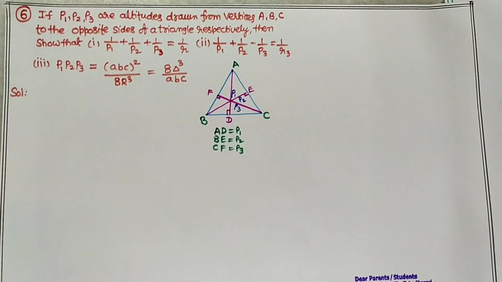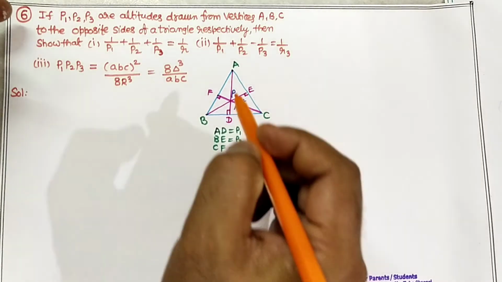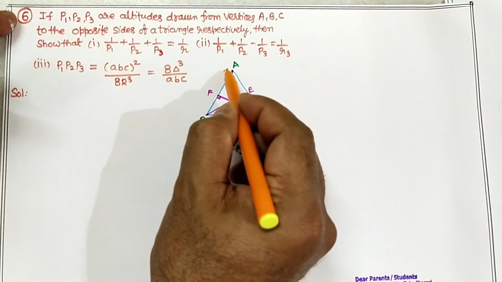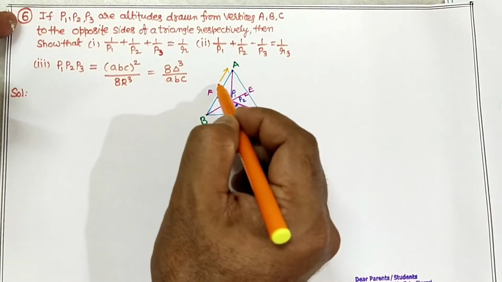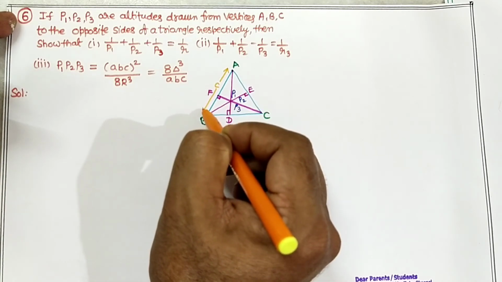And we know that in properties of triangles, the side AB is equal to small c. So from here to here, AB means rest of the term is C now, so small c.